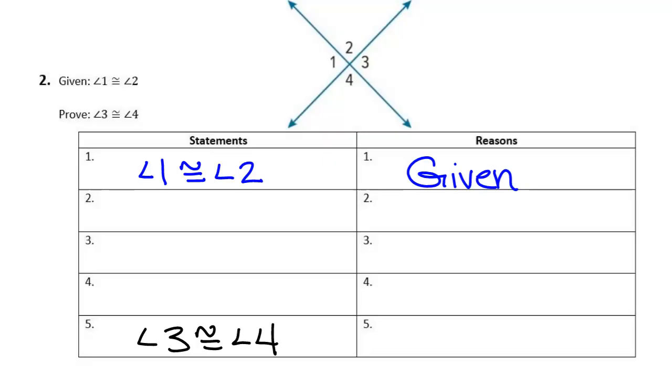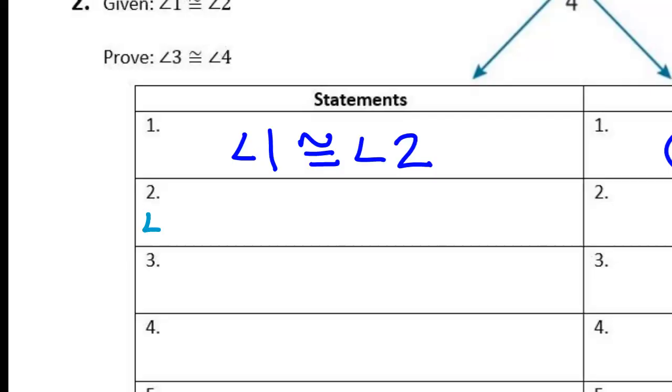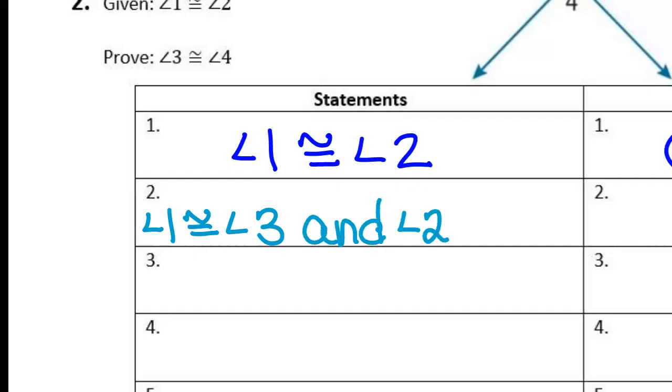So angle 1, what would be the vertical angle for angle 1? Angle 3. So I know angle 1 and angle 3 are congruent. Angle 1 is congruent to angle 3. Is there a vertical angle for angle 2? Which one? 4. And angle 2 is congruent to angle 4.